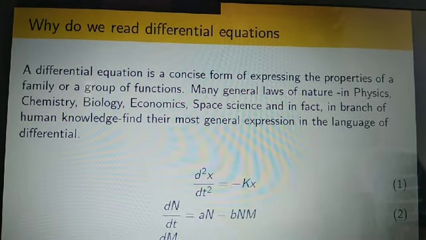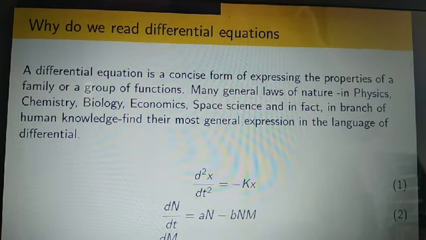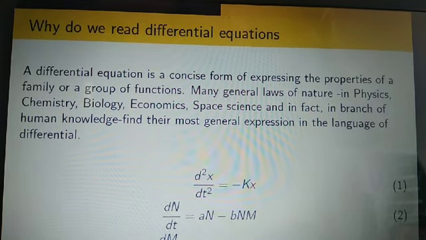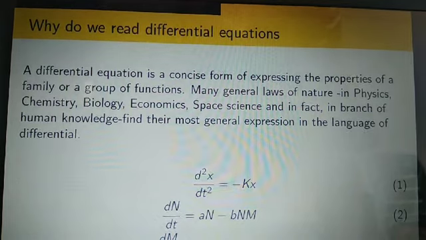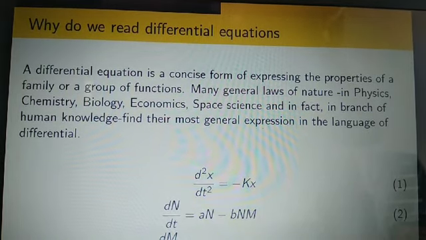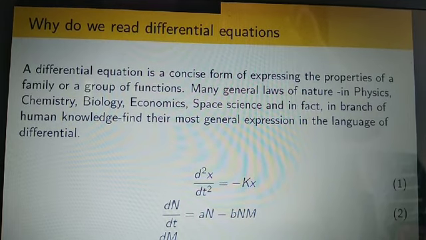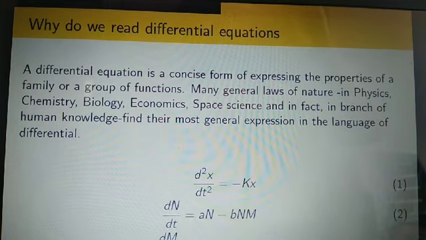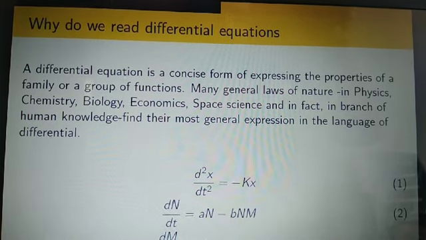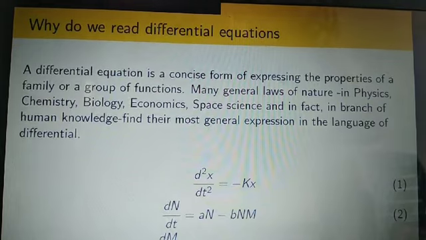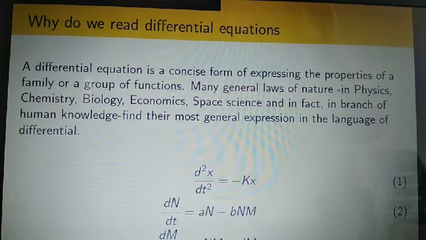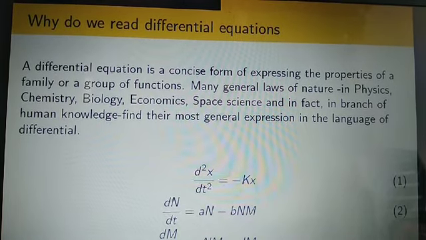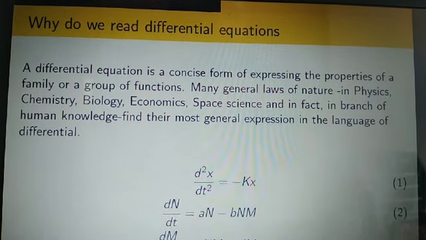If we give an example from nature, if deer is the prey and tiger is the predator, the number of deer equals N, and the number of tigers is M. So in our forest, this type of dynamics occurs.